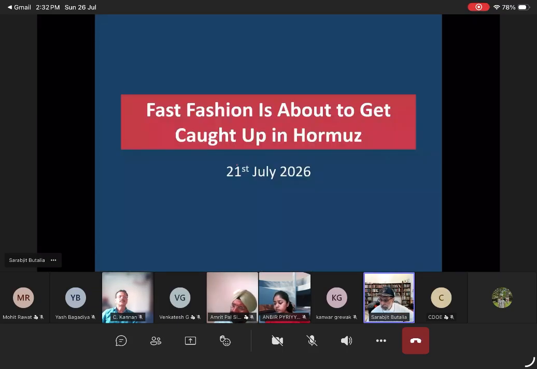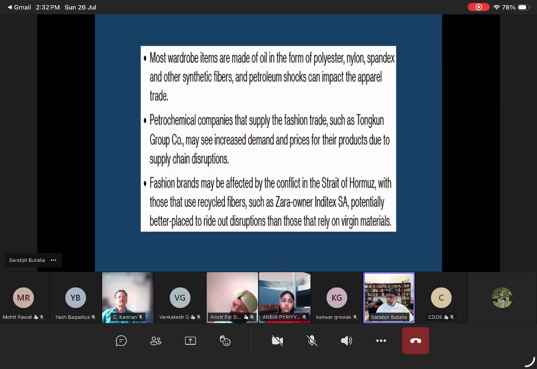Now, another industry in which some of you may be involved is the fashion industry, which is getting impacted, because a lot of chemicals and petrochemicals are involved. It says most wardrobe items are made of oil in the form of polyester, nylon, etc. A petroleum shock can impact the apparel trade.